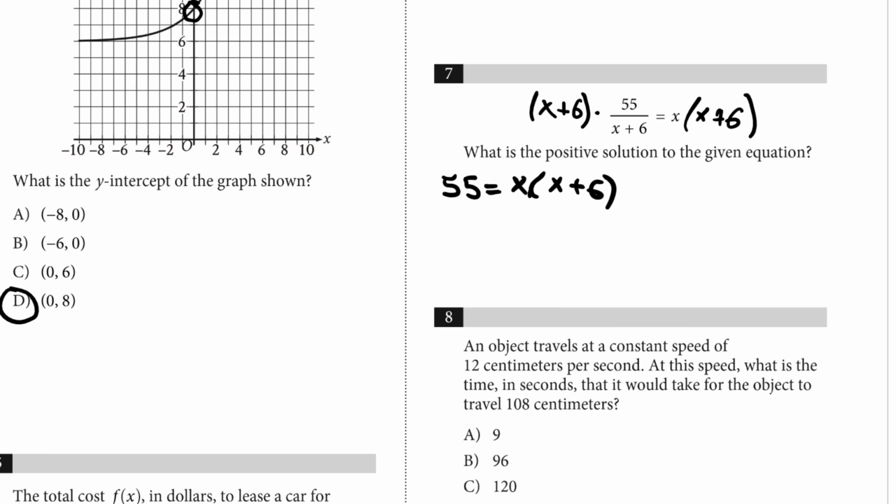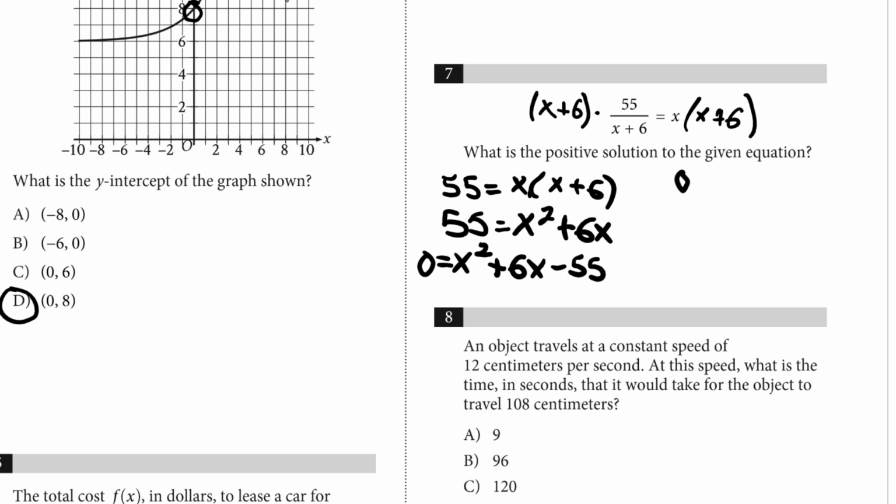We can distribute the x. 55 equals x squared plus 6x, and then we're going to subtract 55 on each side. So we're going to get 0 equals x squared plus 6x minus 55.